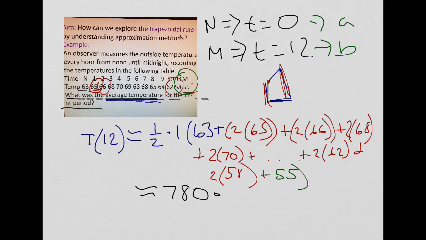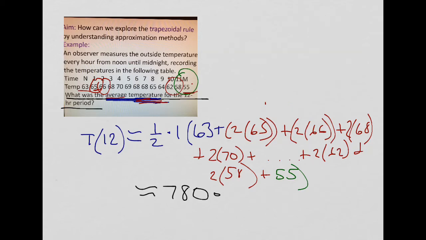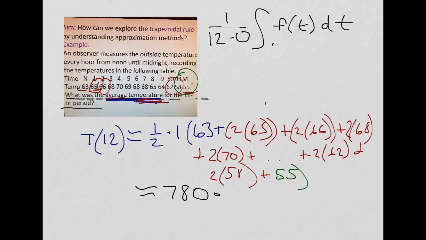Now, the temperature is like a y value. The average y value would be like doing average value. So basically what this is saying is that we need to do 1 over 12 minus 0 times the integral of f of t dt, t because we are talking about time, and we're going from 0 to 12.